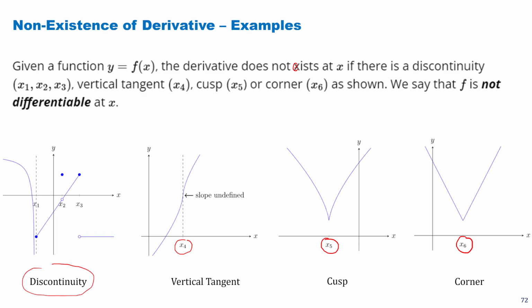This means that if you imagine a particle traveling at some steady speed along the curve, then the particle does not experience an abrupt change of direction. There are 4 types of typical situations we should be aware of, namely discontinuities, vertical tangent lines, corners, and cusps, like this.